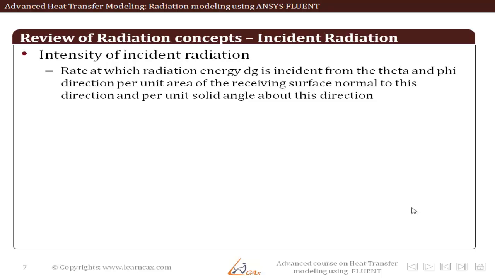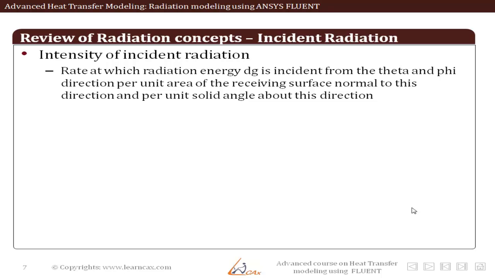Along with radiation being emitted, there is also radiation falling on a surface or matter. In reality, there is always give and take of radiation energy, so we also have to define intensity of incident radiation in a similar way as we define intensity of emitted radiation.